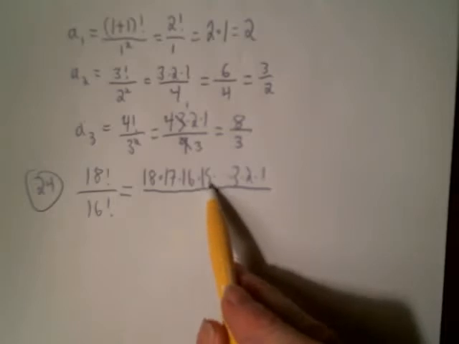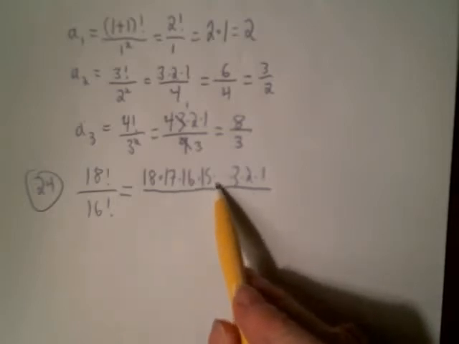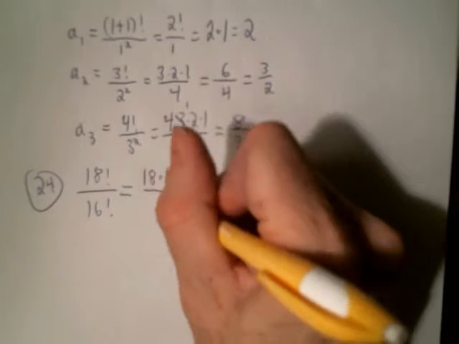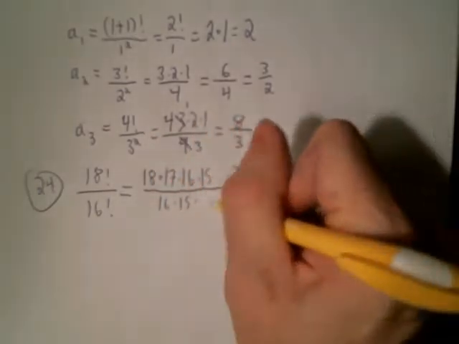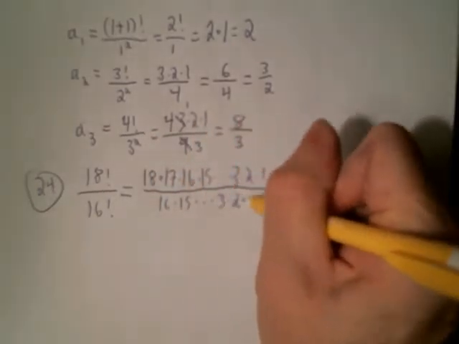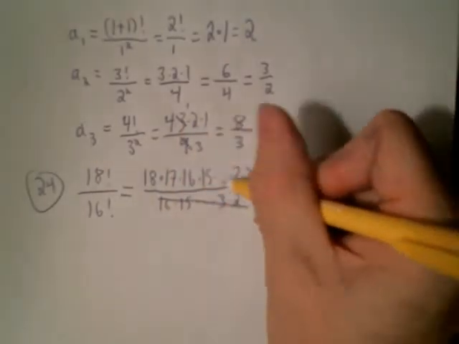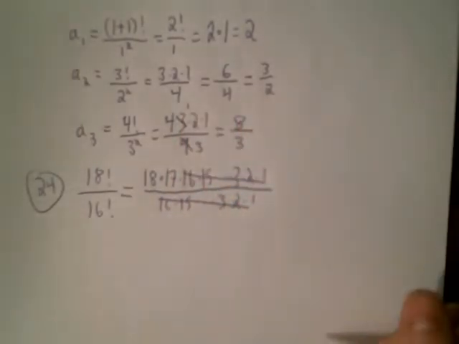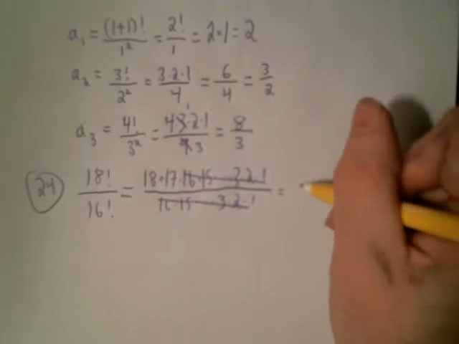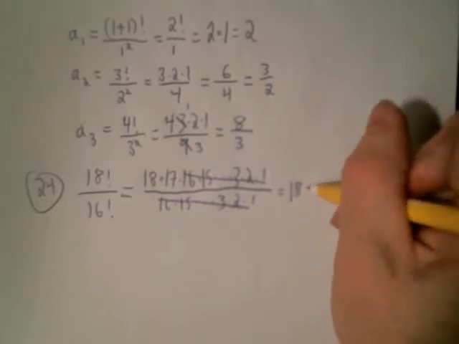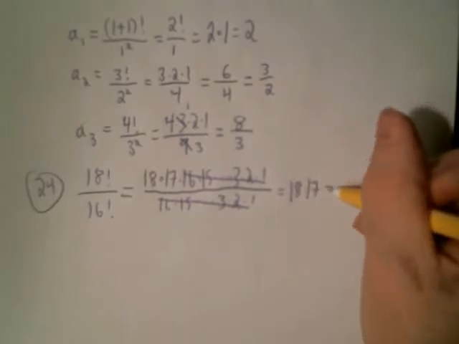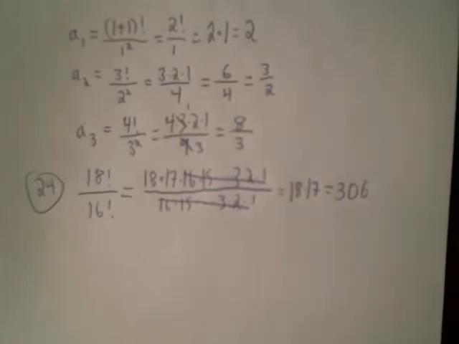So you see, this is 16 factorial from right here all the way down. So you can essentially cancel those two out, and you're just left with 18 times 17, which is 306.